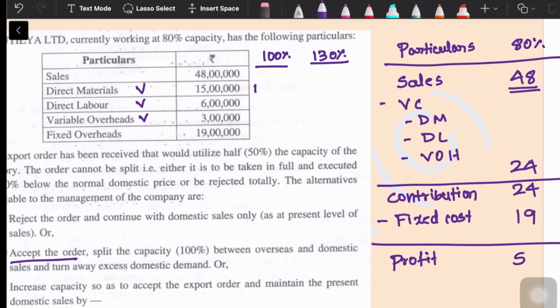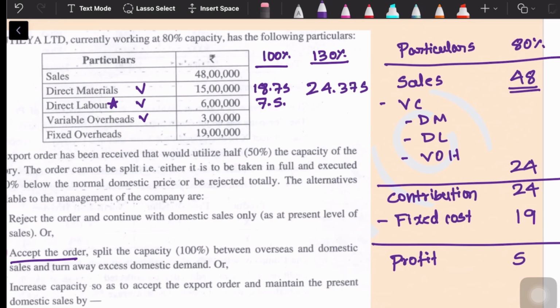So 18.75 is the 100%, and at 130% it is going to be 24.375 lakh.